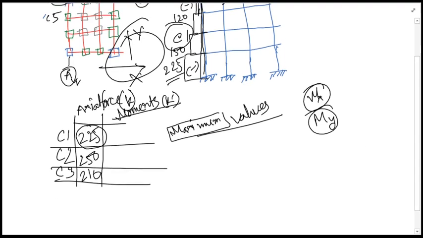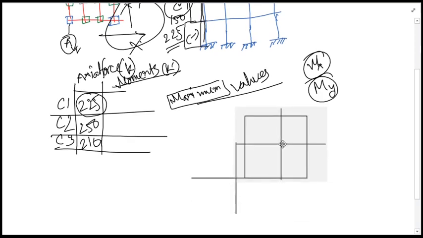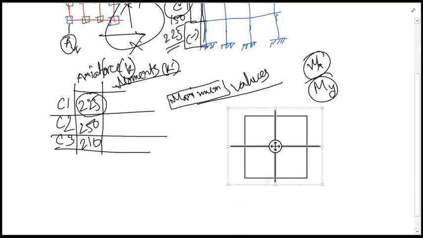Say for example, if I draw a column, a typical column like this one, then we'll have axes. We'll have axes like this. So this is the x-axis and this is the y-axis.